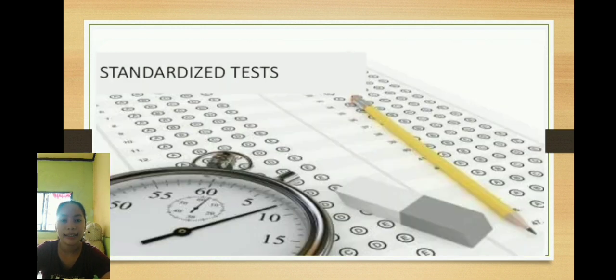A standardized test is any form of test that requires all test takers to answer the same questions, or a selection of questions from a common bank of questions, and that is scored in a standard or consistent manner, which makes it possible to compare the relative performance of individuals.